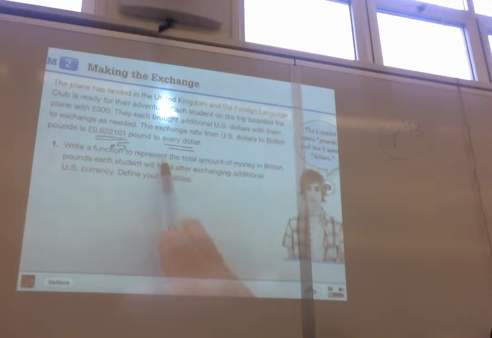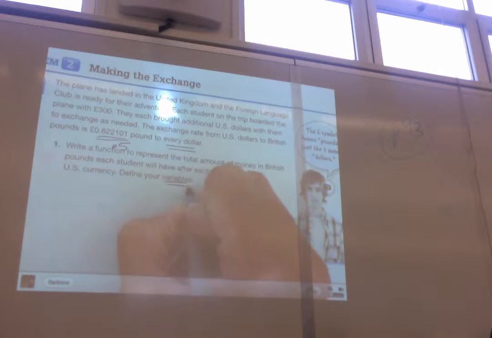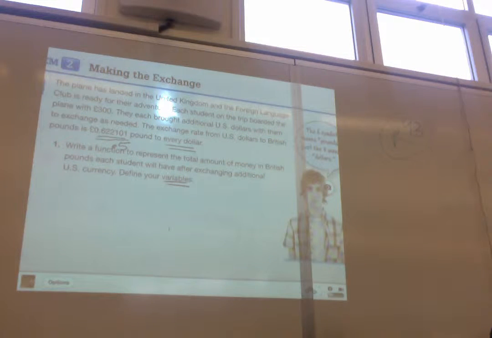Write a function to represent the total amount of British pounds each student will have after exchanging additional U.S. currency. Define your variables. We've got dollars and pounds. What do we want to use for symbols? Pound sign? Or do you want a P?